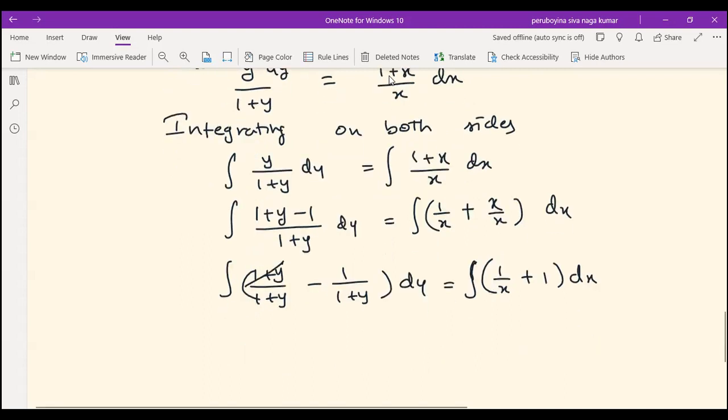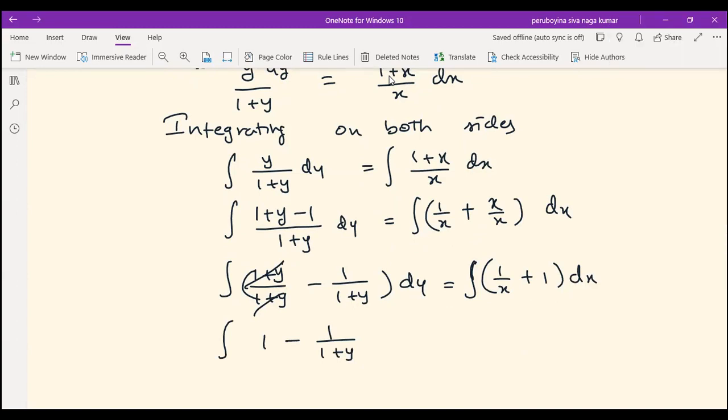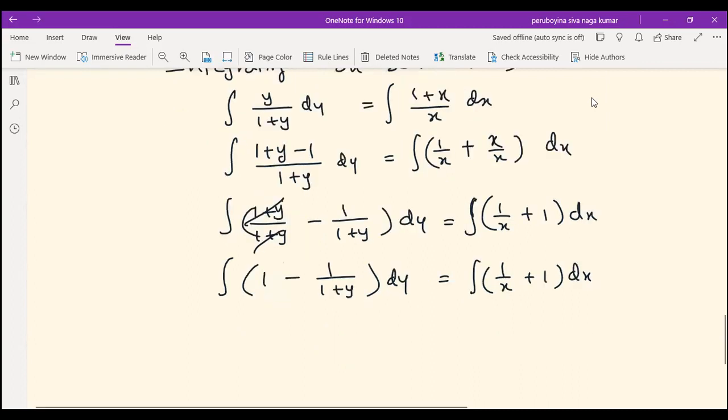Now you can cancel this part. So now you have integral of 1 minus 1 by 1 plus y dy is equal to integral of 1 by x plus 1 dx. Now what is 1 dy?